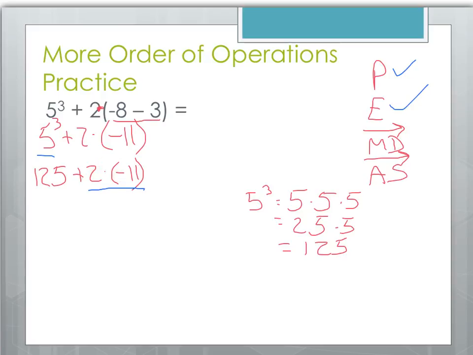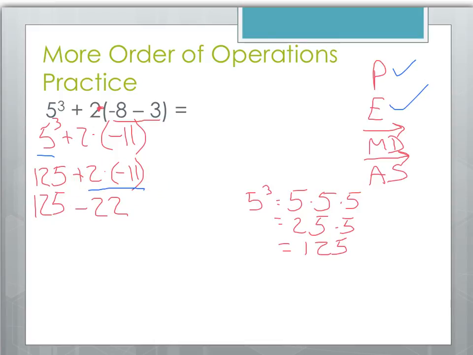So let's do that. Positive 2 times a negative 11 is a negative 22. And then we bring down the positive 125 that we didn't use. So the operation here in the middle comes from the sign of the answer in this step.